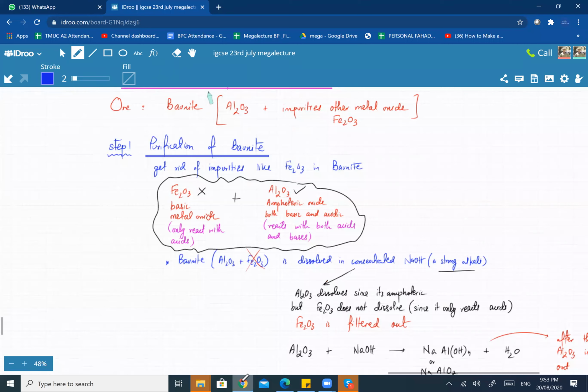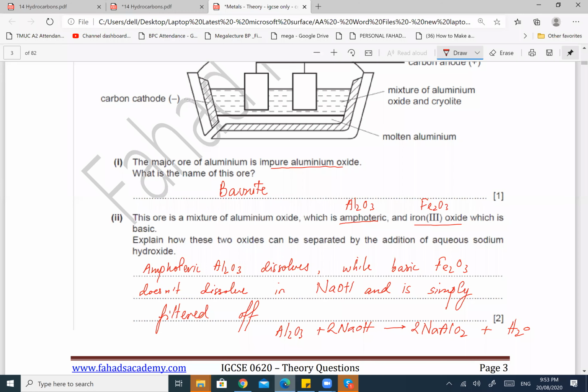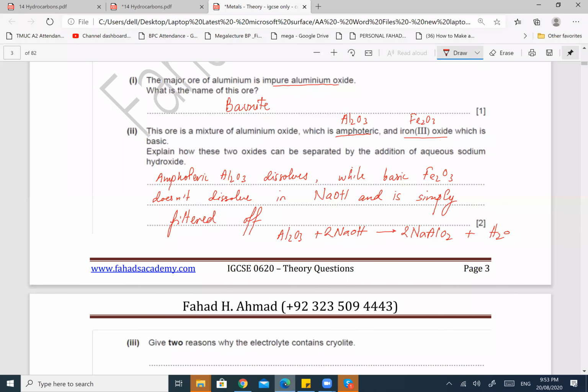So that is described over here. Then the next one, next page पे.